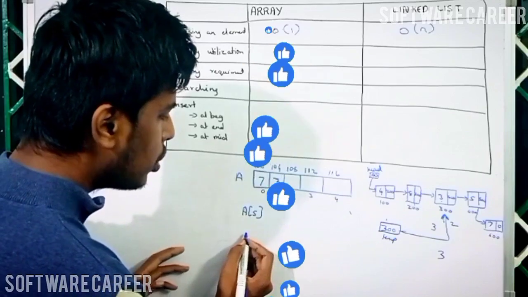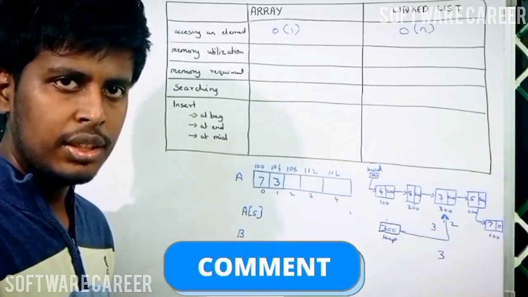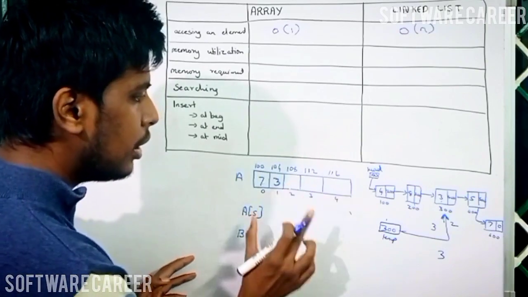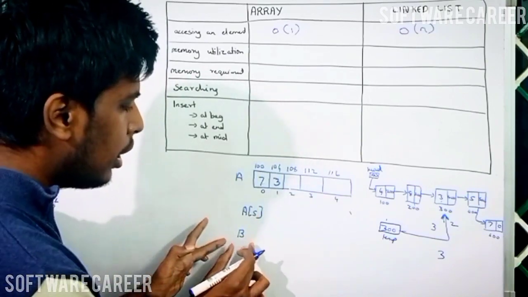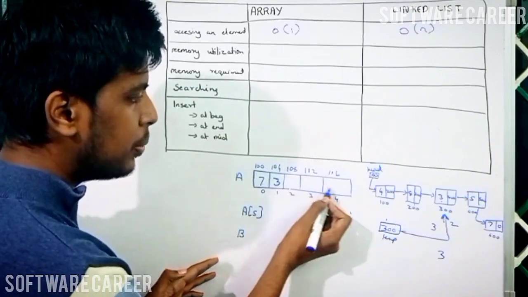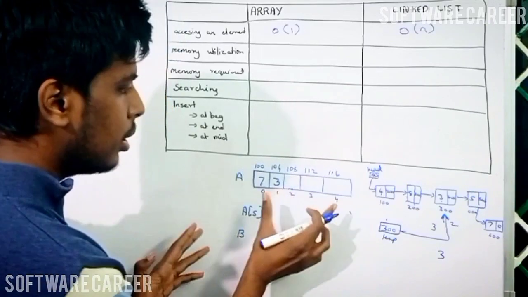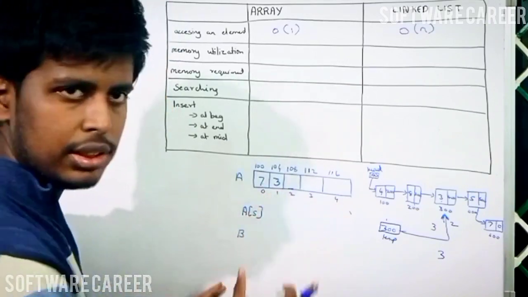Now suppose you take another array B and you want to store other elements into these empty spaces. You can't, because this is memory wastage.